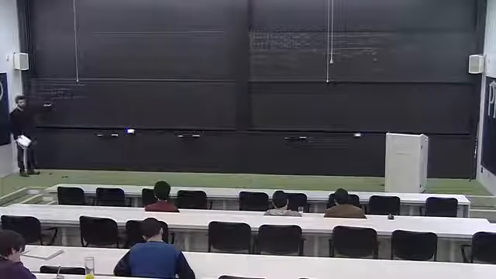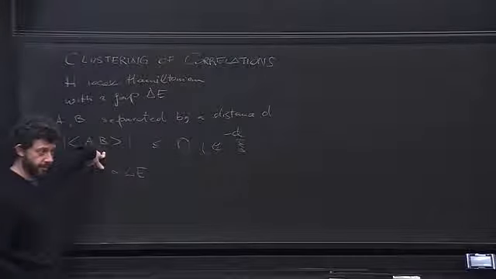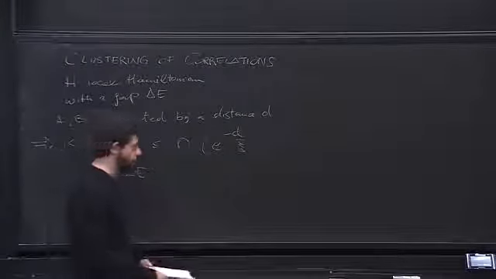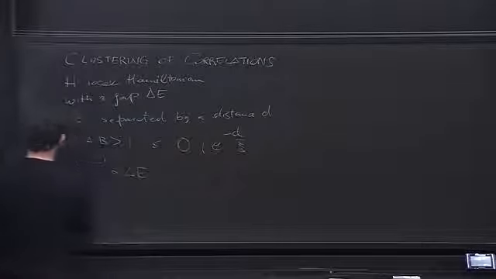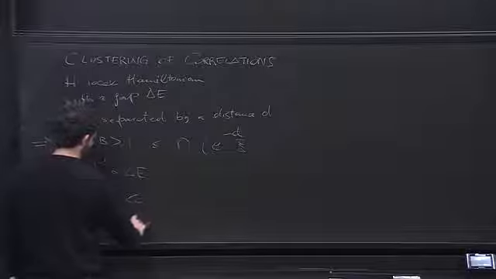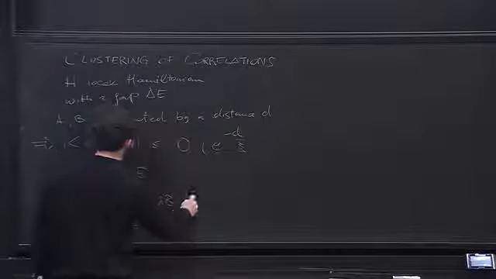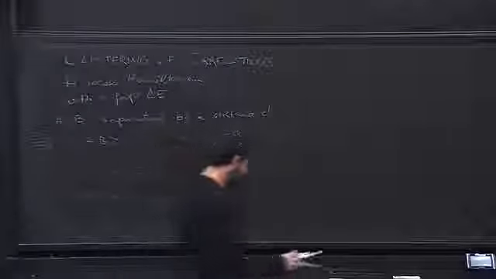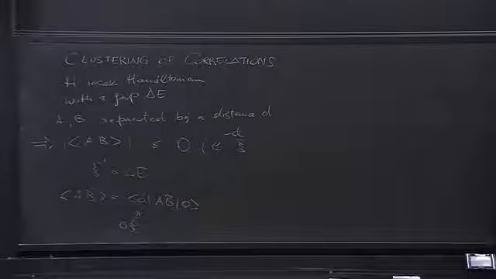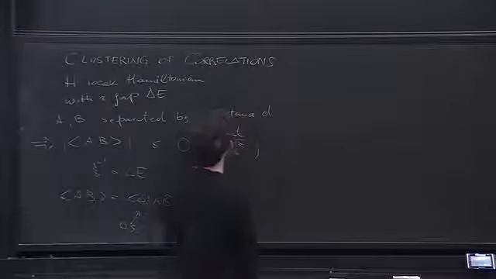Okay, so we want to bound this object. This is the expectation value taken in the ground state. It's the correlation function. So by A, B, what I mean is 0, A, B, 0, where 0 is the ground state. So how do we do that? Let's start with some considerations.